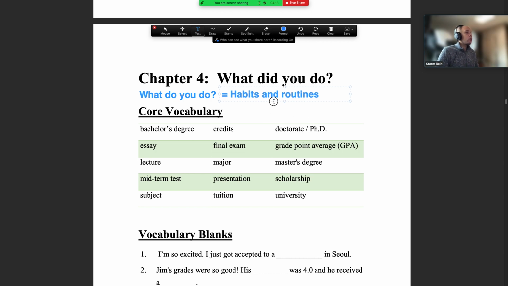Okay, now when we're talking about what did you do, then it's super easy, right? Because we're just talking about one action, one event in the past that's finished. Okay, one action in the past that's finished. Nothing special about this.